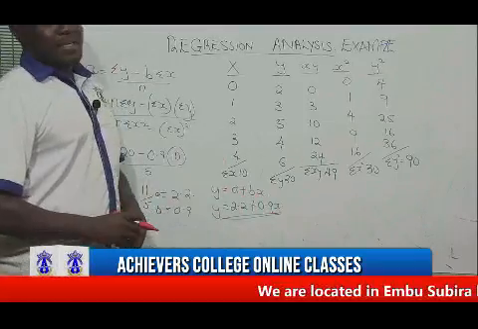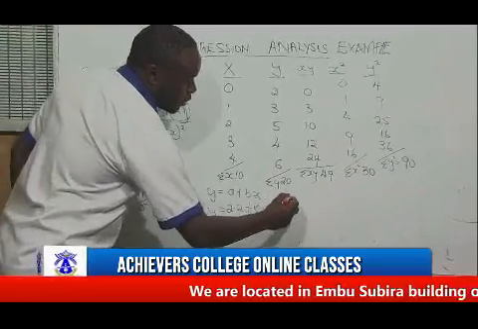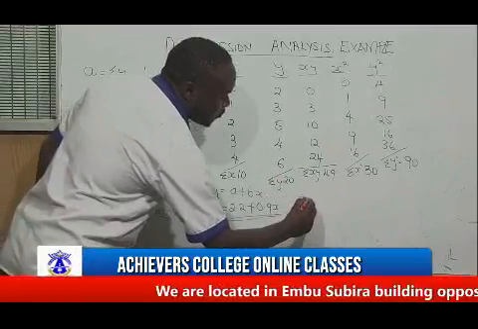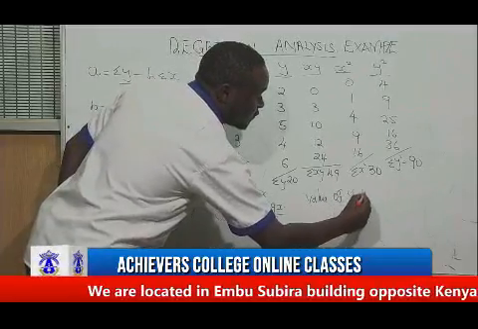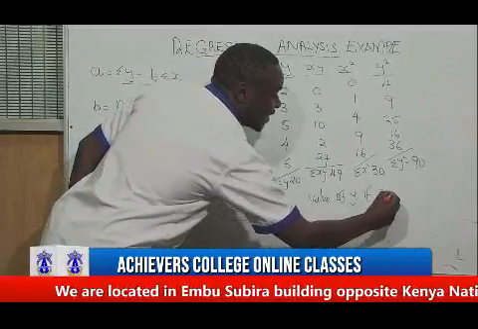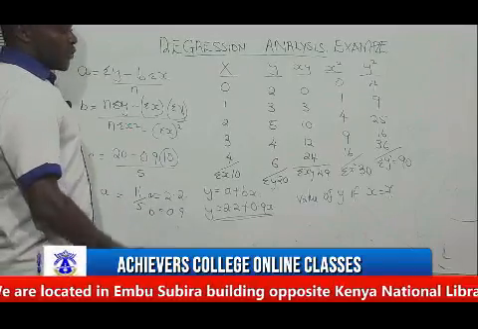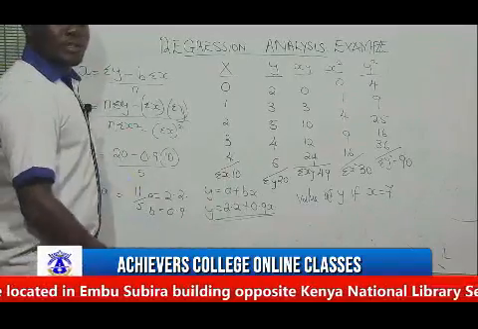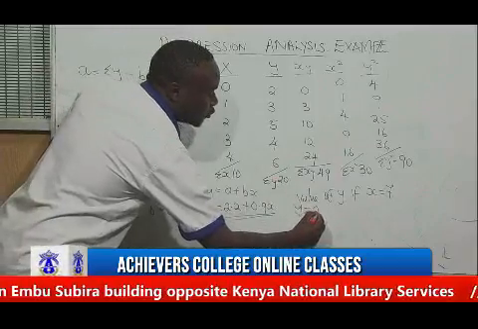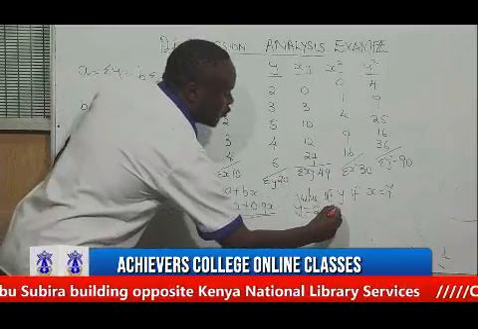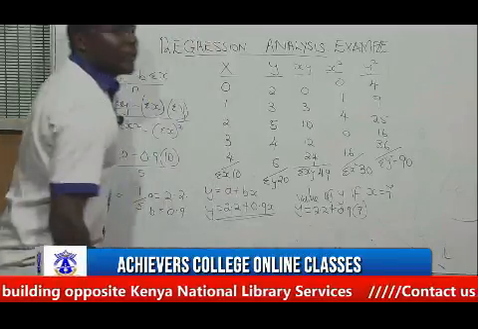For instance, you are told to calculate the value of y if you are told x is equal to something like 7. What do you need to do? You only need to come to your equation and you say y is equal to 2.2 plus 0.9 into bracket 7. So you calculate.